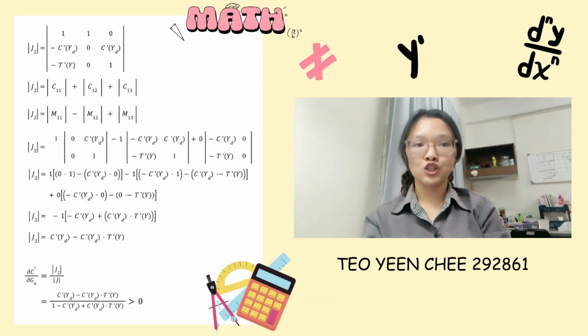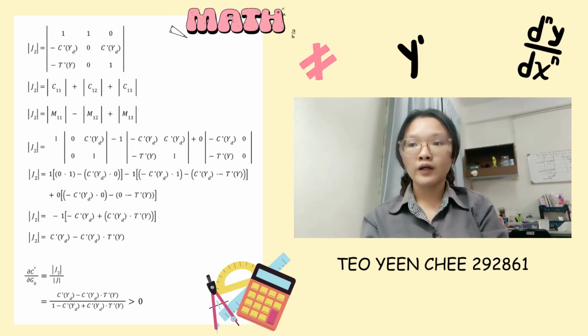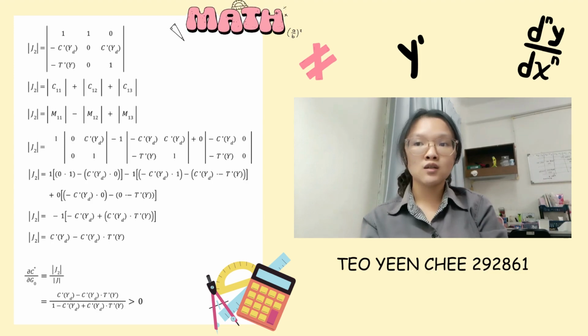Let us find J2, using Cramer's rule like J1. Then we will get J2 equals the matrix with rows 1, negative C prime YD, negative T prime Y; 1, 0, 0; 0, C prime YD, 1.